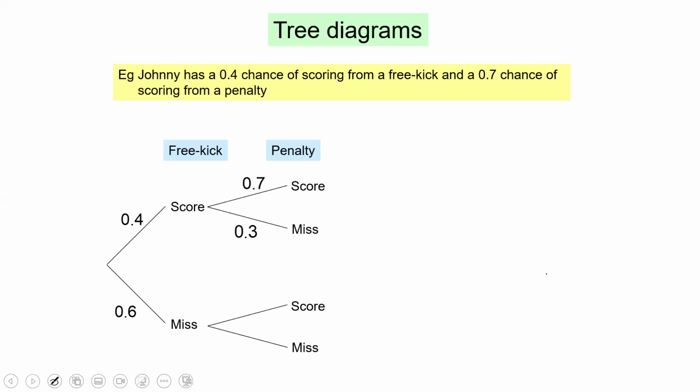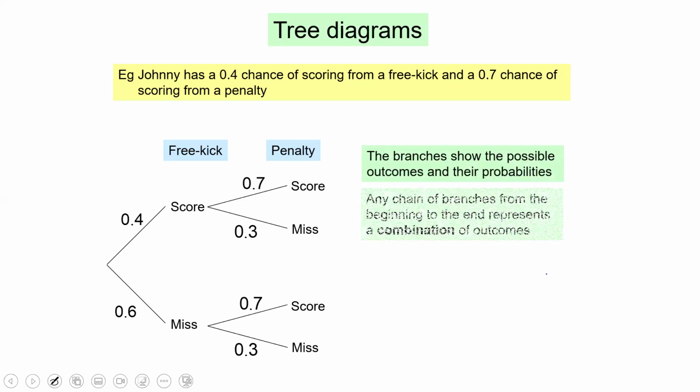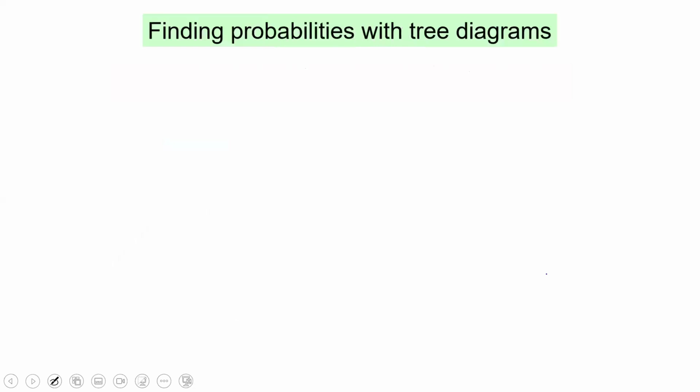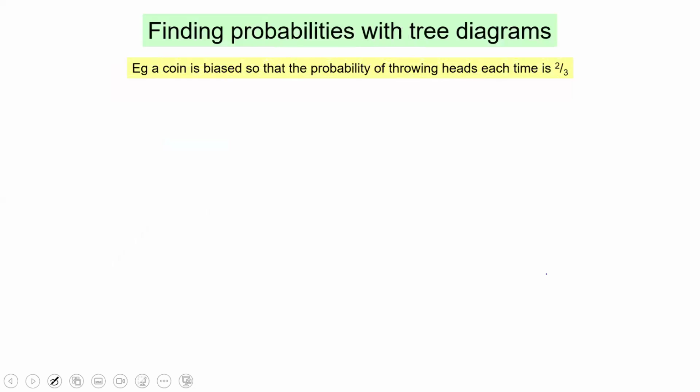You must remember that on one single set of branches, the sum is always 1. And when we talk about the combined score, you always multiply. And if it's a choice, then the total will be added.